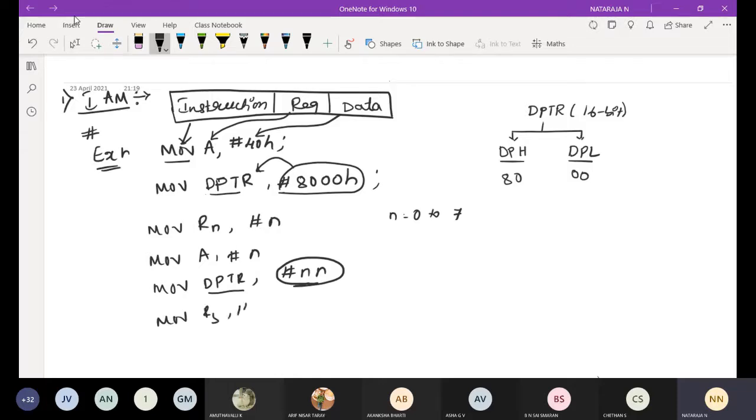Next example, if you take MOV R5, #0F9H. Whether the instruction is valid or invalid, can anyone tell me?